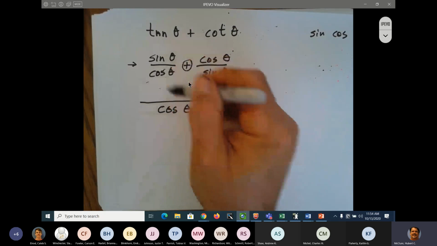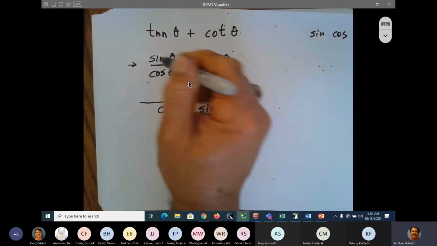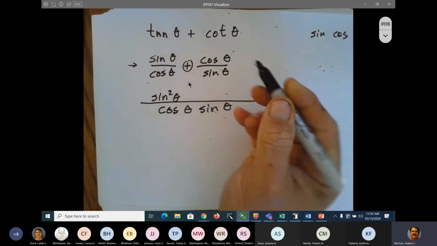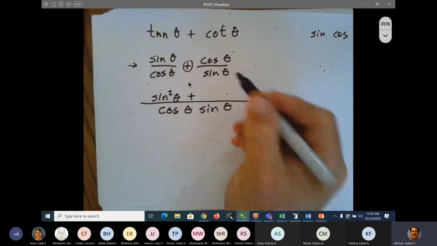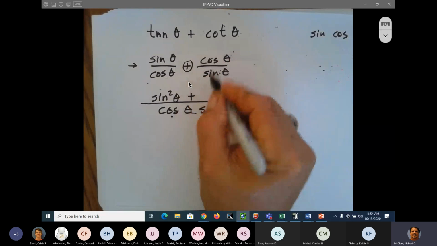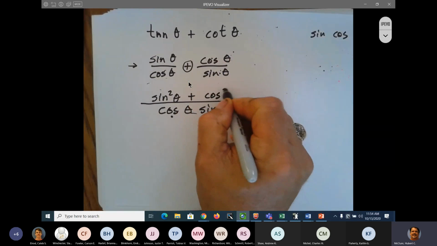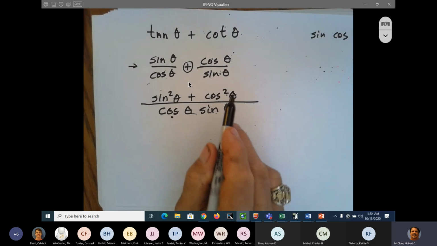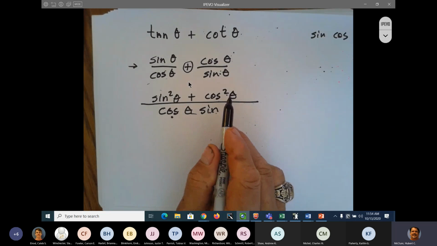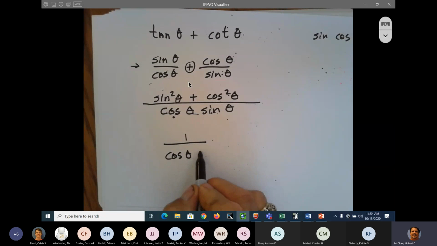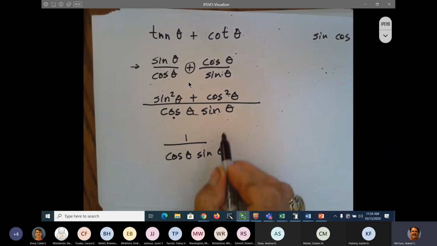Well, cosine will go in here, sine times sine is sine squared theta, plus sine will go into cosine sine, cosine times cosine is cosine squared theta. Hey, sine squared plus cosine squared is equal to 1. So we get 1 over cosine theta sine theta.